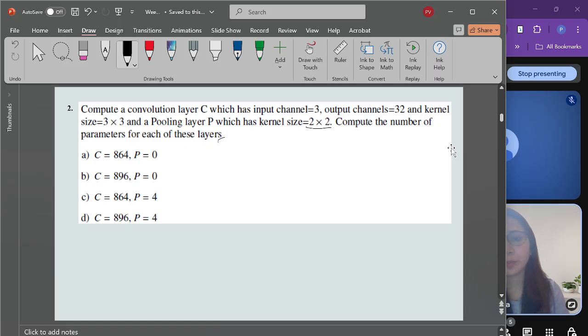Okay, so to compute the number of parameters in the convolution layer as well as in the pooling layer, we will see here.